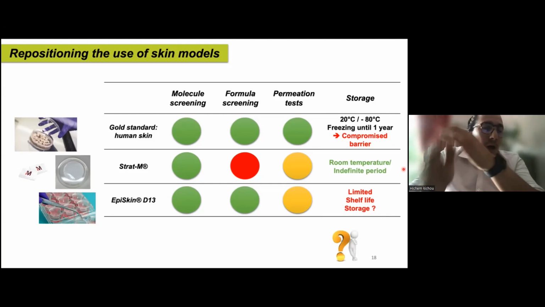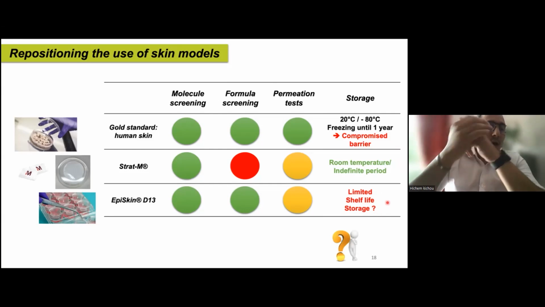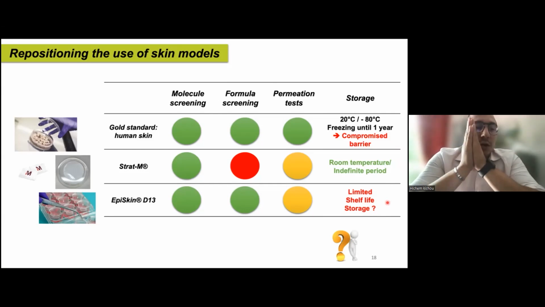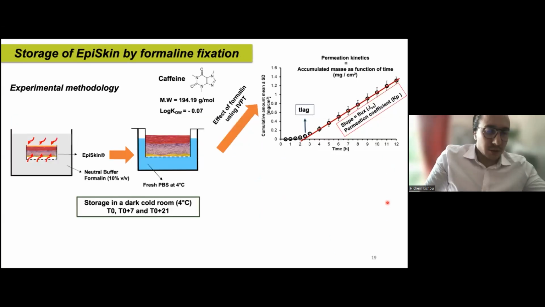For the Strat-M, room temperature storage is sufficient for this polymeric membrane. However, the storage condition of EpiSkin is still unknown, especially since the supplier recommended a shelf life of 72 hours after delivery. So what are the best storage practices for the EpiSkin?